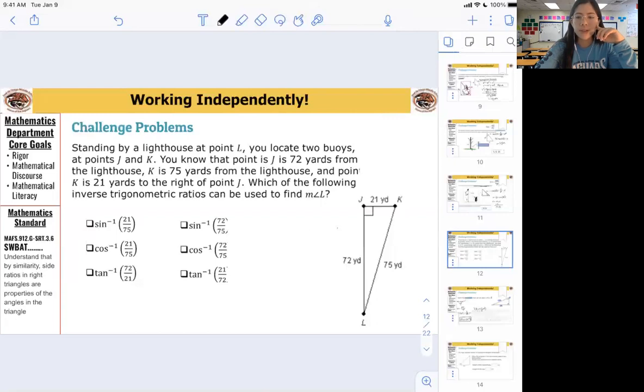You're good? Emily, you good? Yep, all right. So the three of you can go ahead. Everybody else stay here, and we'll get started on these together.